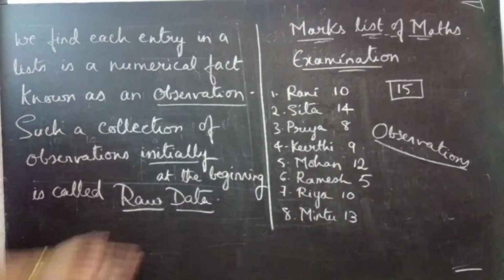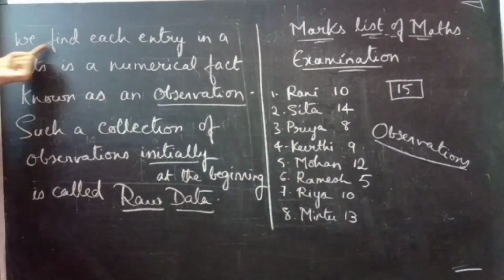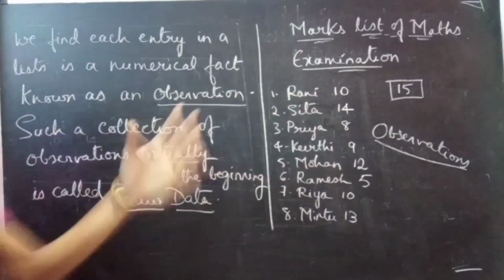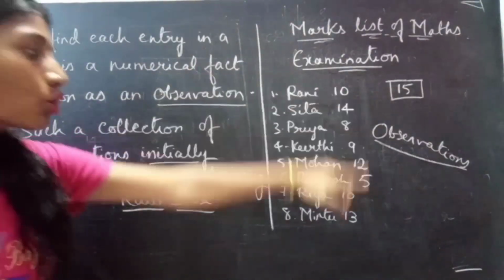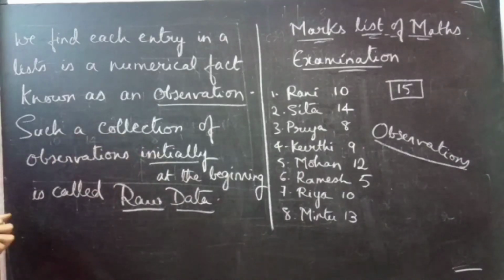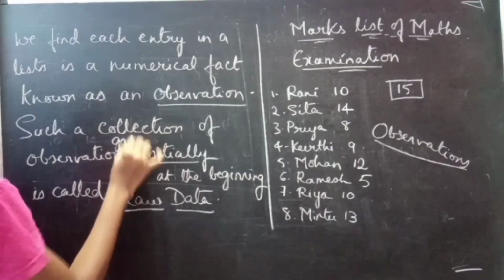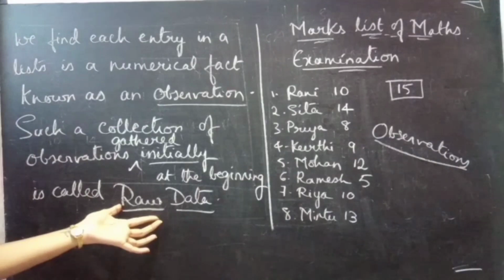This is just a list of students' marks which they have scored in a maths examination. Each entry in the list is a numerical fact, known as an observation. Such a collection of observations gathered initially is called raw data.